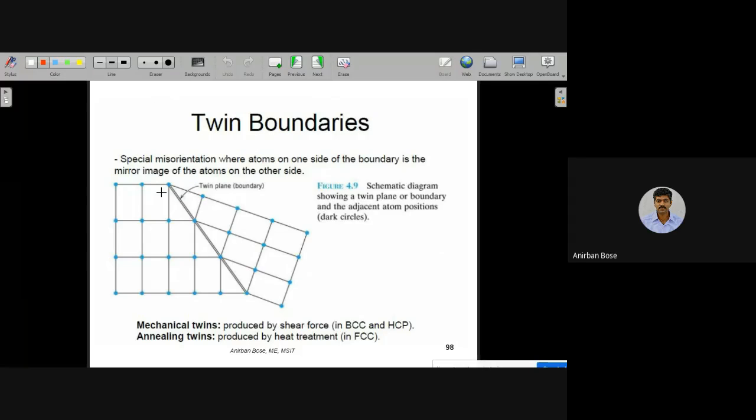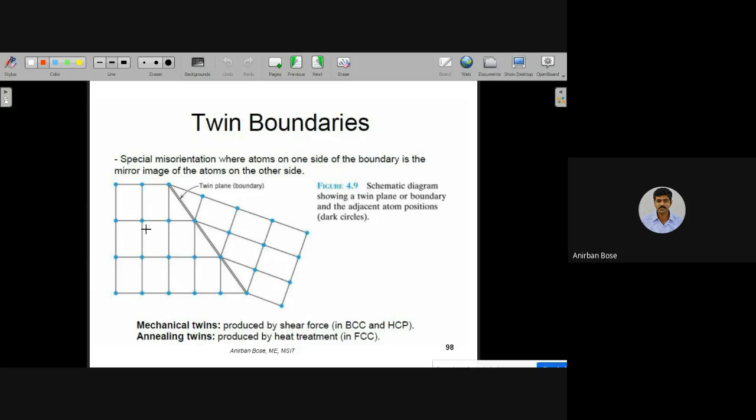Now, after this, you have seen low angle and high angle boundaries. These are basically the orientation or the rotation of one grain with respect to another, right? That you have already seen. In the case of a twin boundary, instead of rotation, it is a kind of reflection.